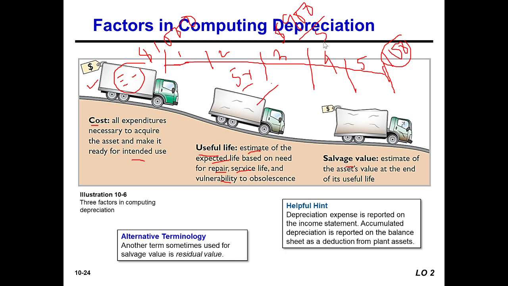Divided by 5, that is $180 per year depreciation. This is the depreciable cost. Every year will be $180, and this $100 is the salvage value, or residual value or scrap value, the estimated value of the asset at the end of its useful life.